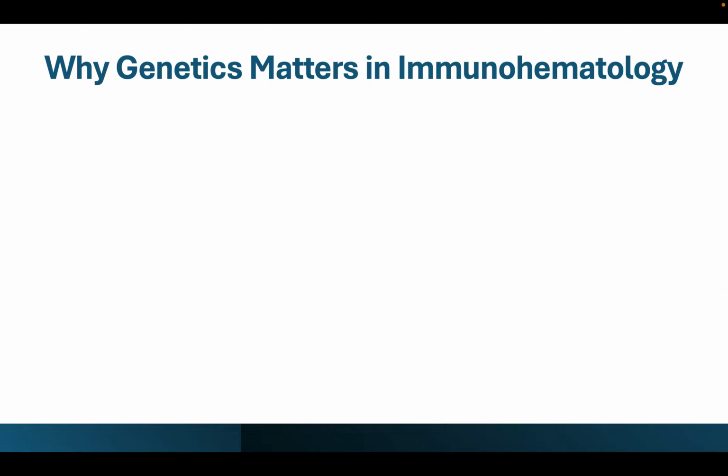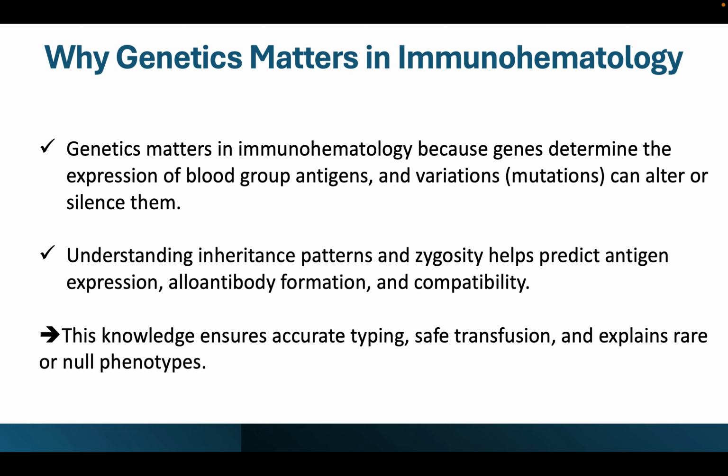So now we can answer this question smoothly. Why does genetics matter in immunohematology? Genetics matters in immunohematology because genes determine the expression of blood group antigens, and variations or mutations can alter or silence them.